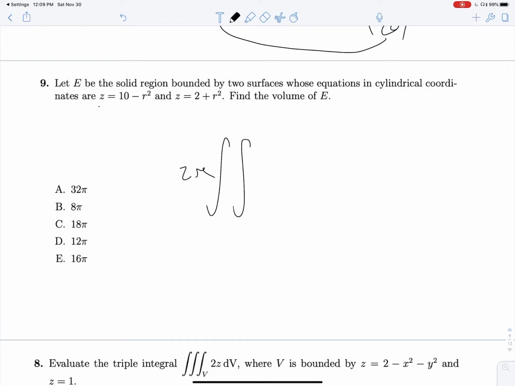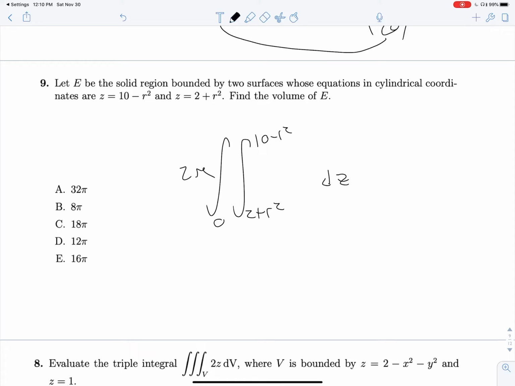So when r is equal to 0, this is z equals 10, and over here we have z equals 2. And that tells you that this guy, whichever one with the larger constant, which is right here in this case, is going to be on top. So 10 minus r squared, 2 plus r squared, dz. And then we know that our r is going to be bounded on top by the r value that the intersection of these guys produces.